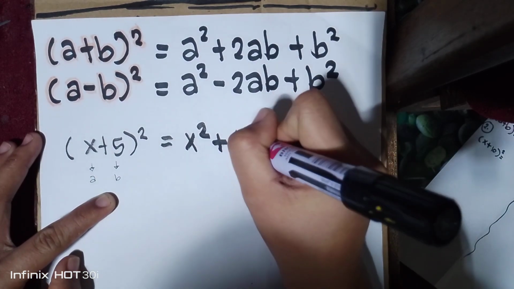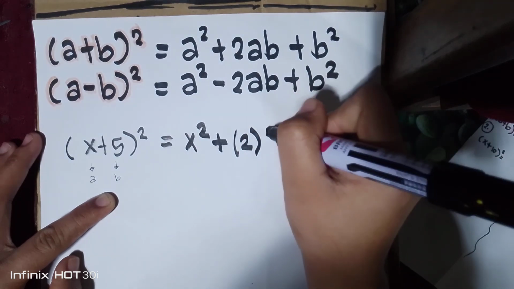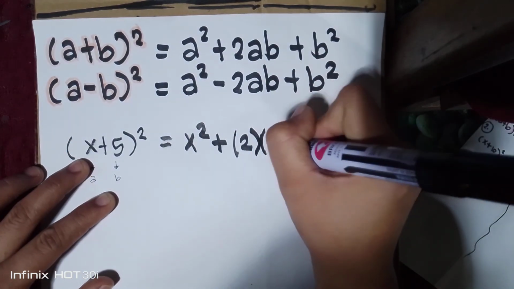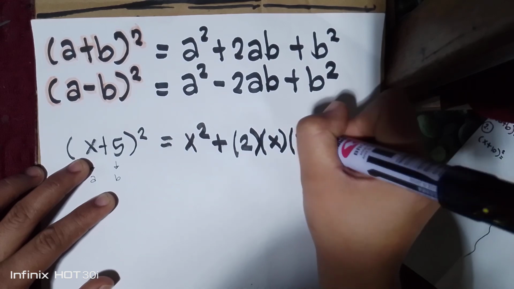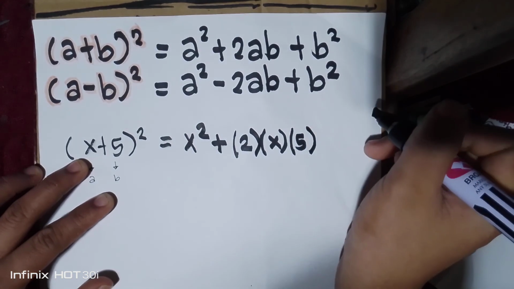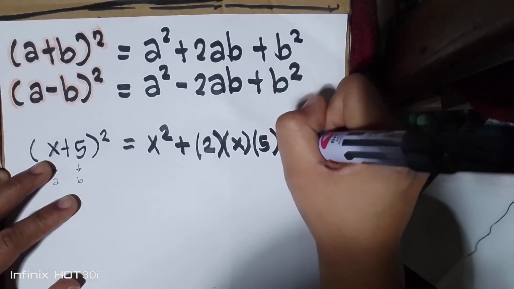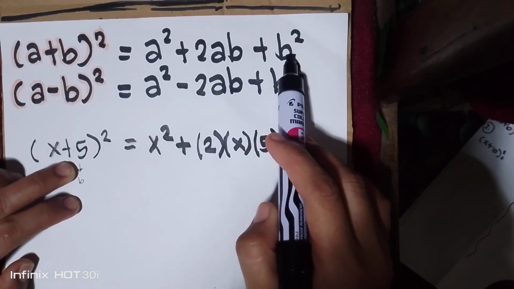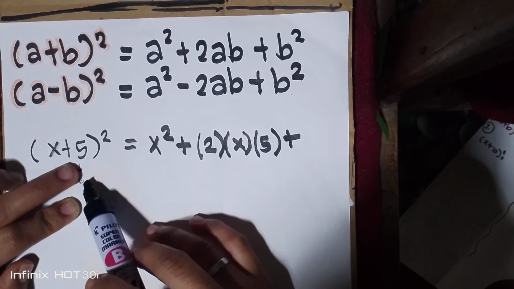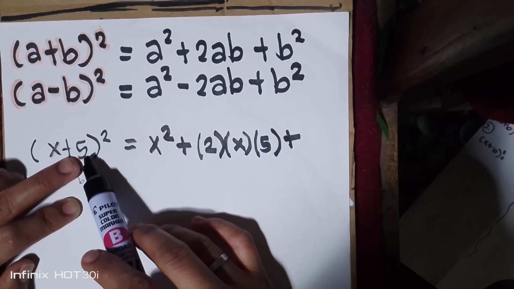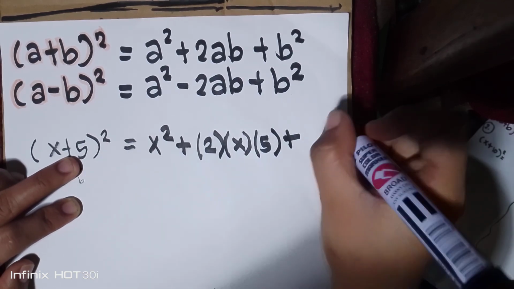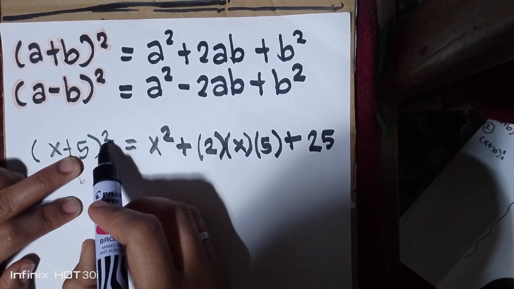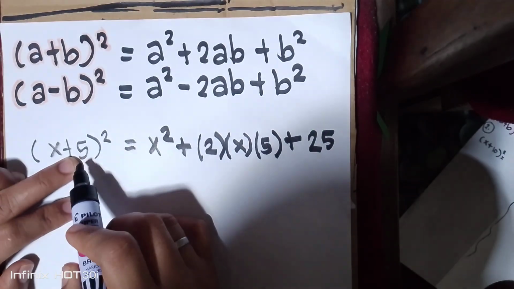So we'll put 2 and then multiply x and 5, plus the square of the second term, or b. So 5 times 5 is 25. Not 5 times 2. 5 times 5.